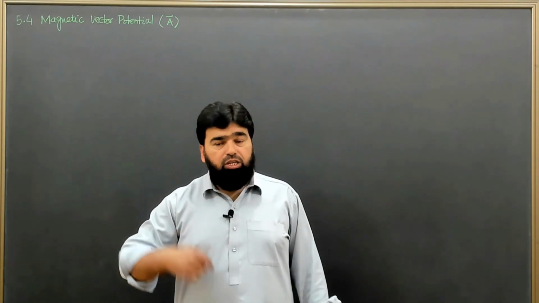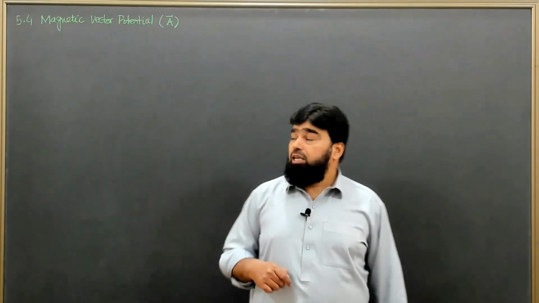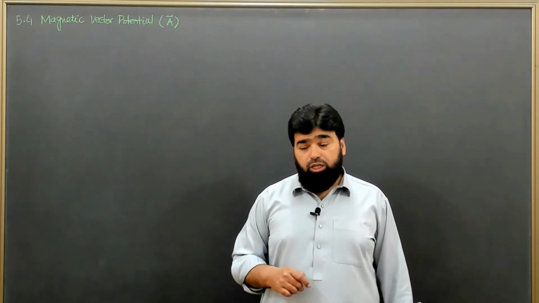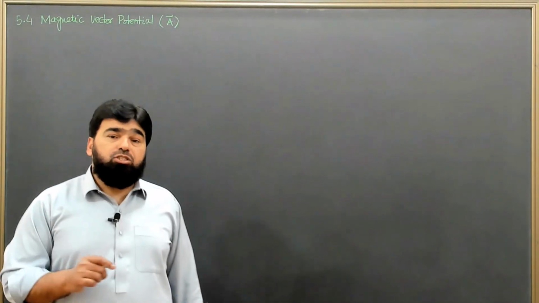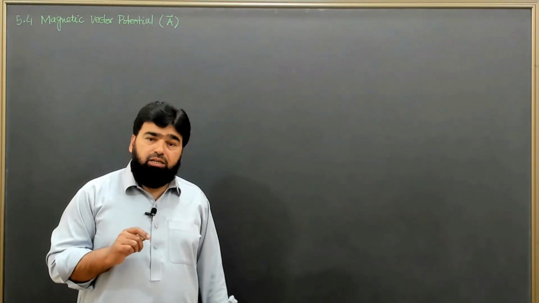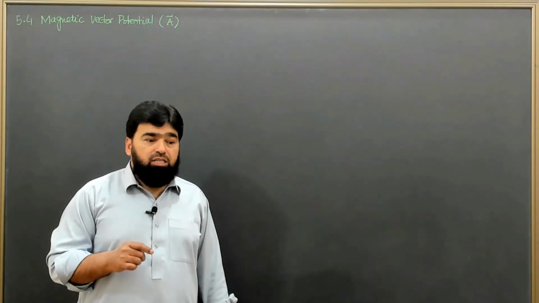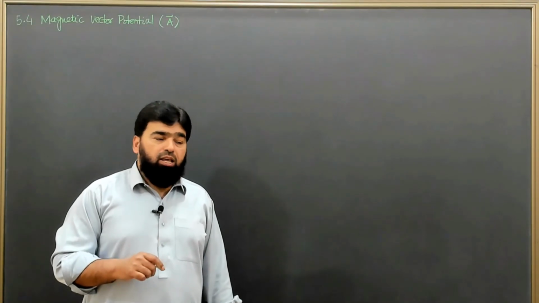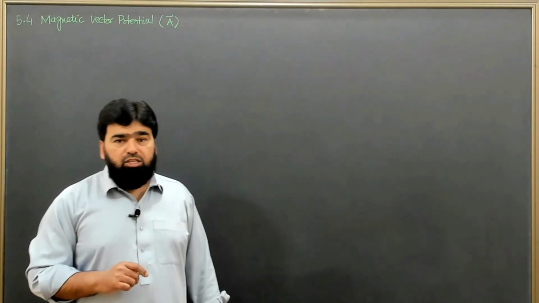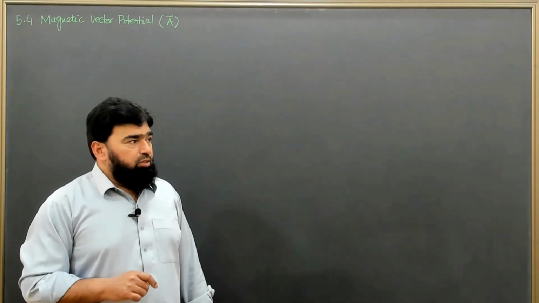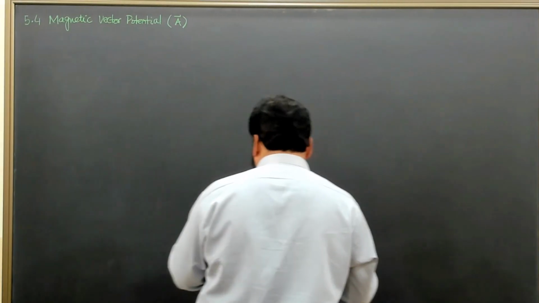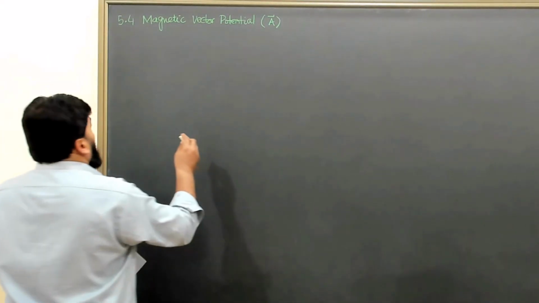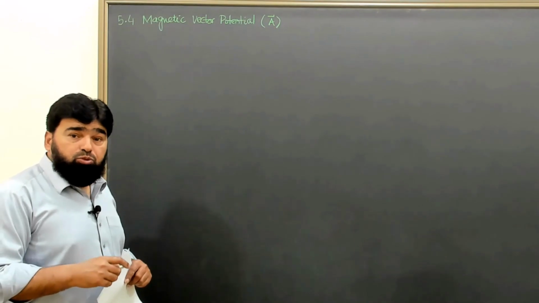So here we can't say that in the case of magnetic vector potential. But yet this magnetic vector potential is not just a mathematical convenience, it is a physical field, which we will discuss in this lecture.